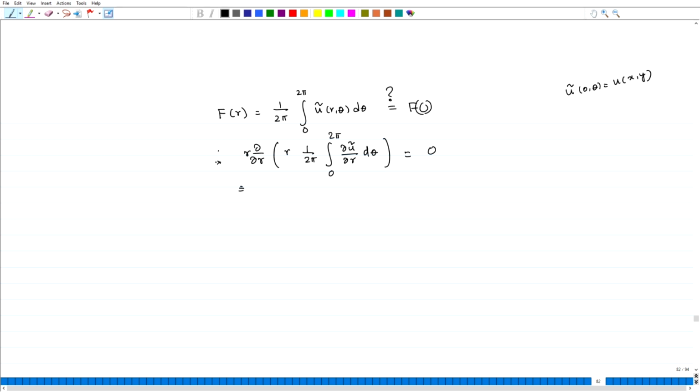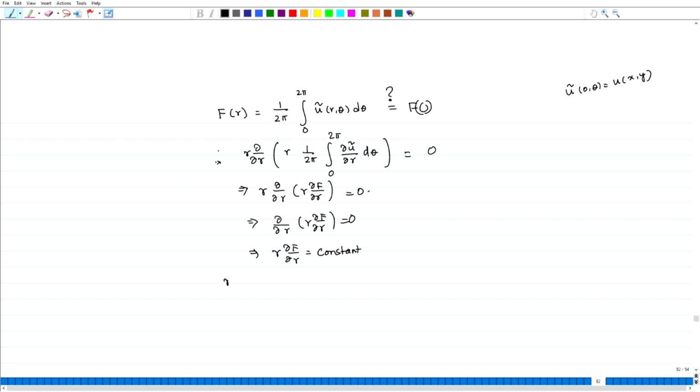So, now this is nothing but r times del by del r of r del f by del r, which is equal to 0. Once this is equal to 0, del by del r of r del f by del r is equal to 0, because this is true for every r. This implies that r del f by del r is equal to some constant.